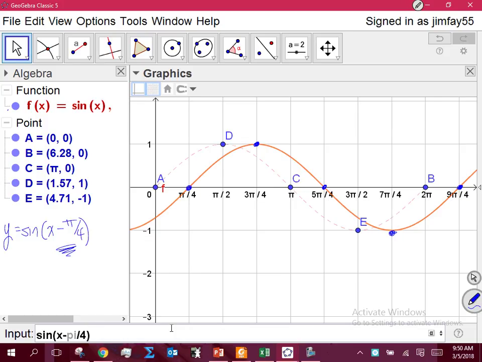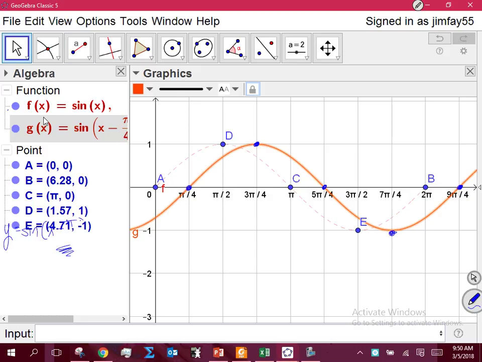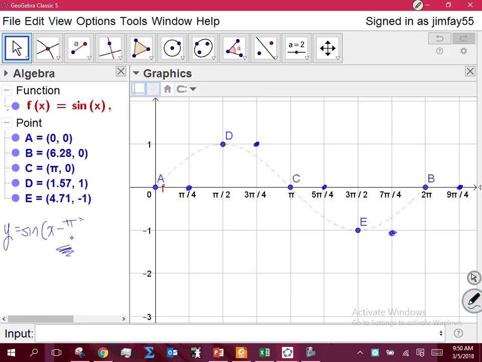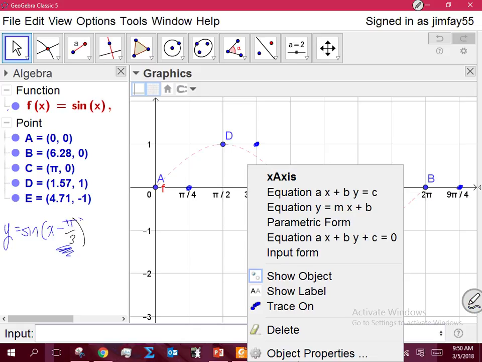It's just kind of a pain in the butt. Say I wanted to do pi over 3 as that movement left or right. Is that going to be very easy here? No. So what I need to do is rewrite my x-axis.